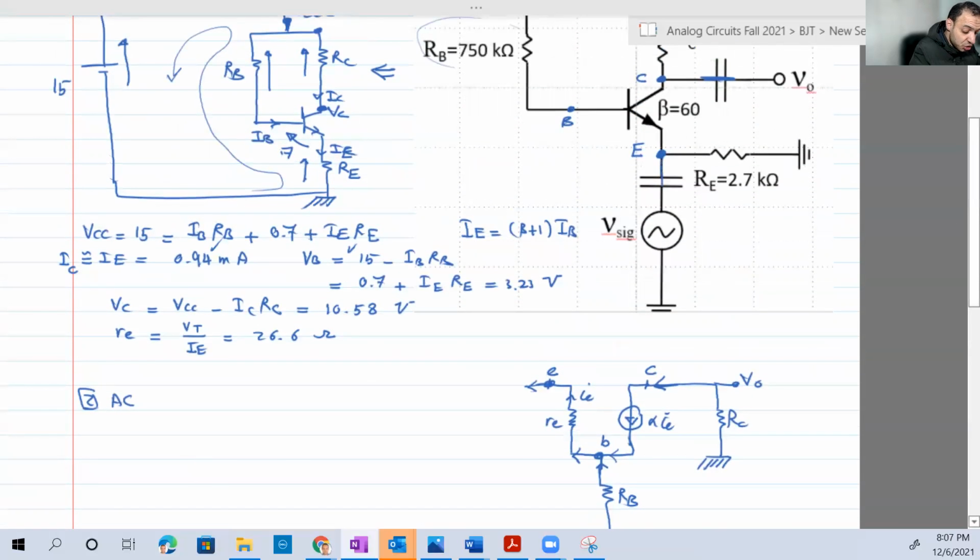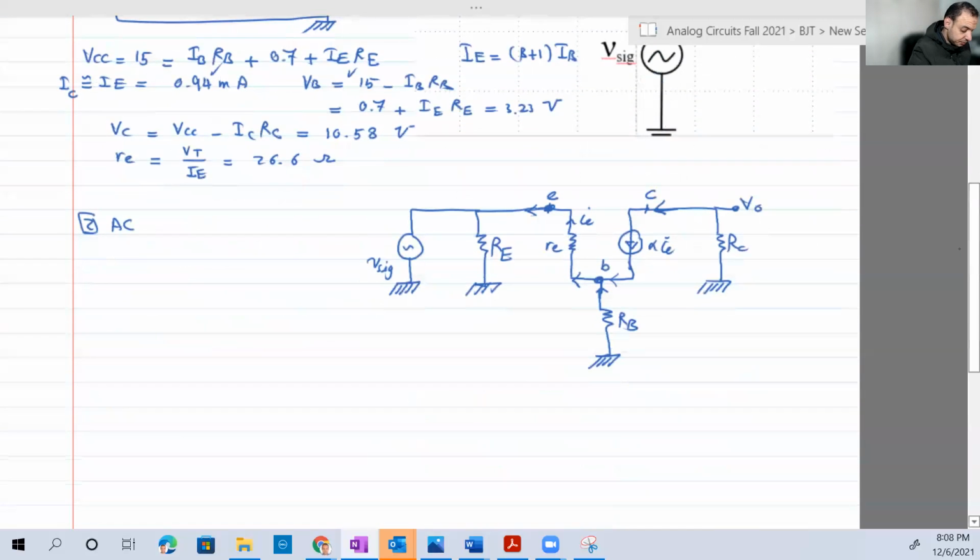What is between the emitter and the ground? Let's check. Now the capacitor will be short, so we're going to include this. So we have two branches. We have RE and we have the signal. Okay, our input is the resistance that is seen by the terminals of the source.